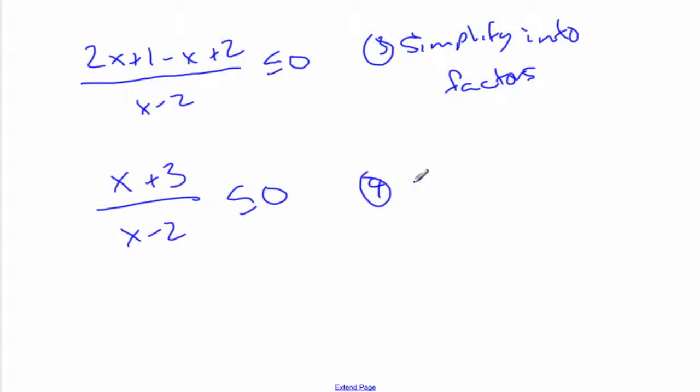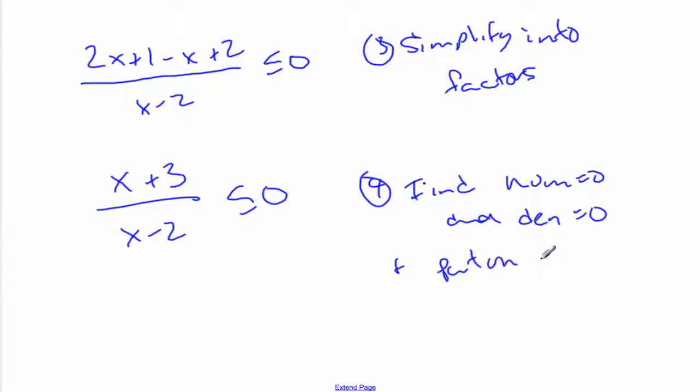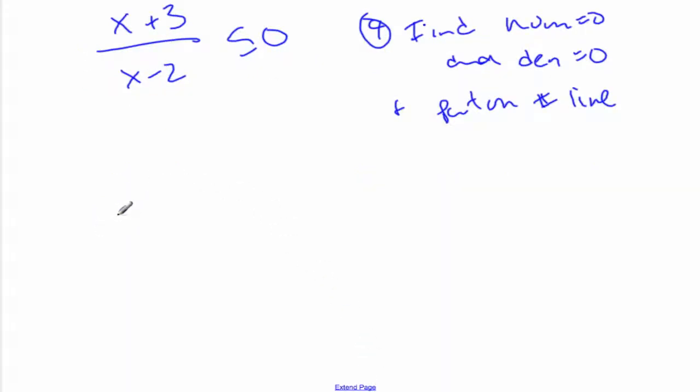Fourth step is to find where the numerator equals 0 and the denominator equals 0 and put them on a number line. Well, here's my number line. I get negative 3, and from here I get a positive 2.